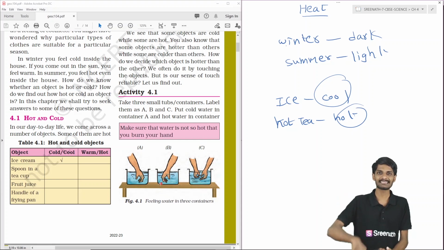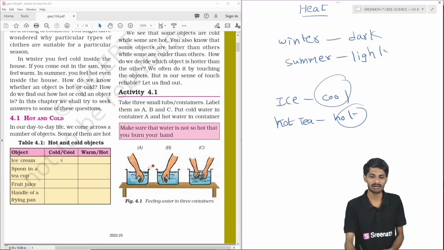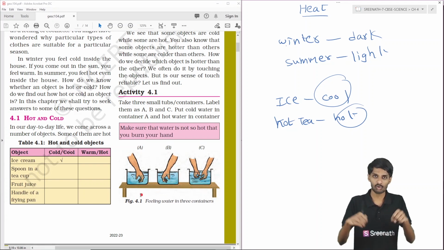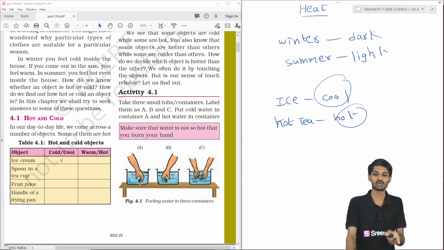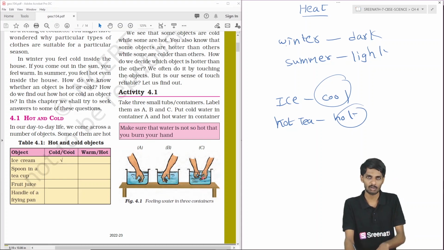Put one hand in the hot and one hand in the cold, and keep them for about 5 to 10 minutes. This is the cold water, this is the hot water, and this is the normal water, which you get by mixing some amount of hot and some amount of cold.